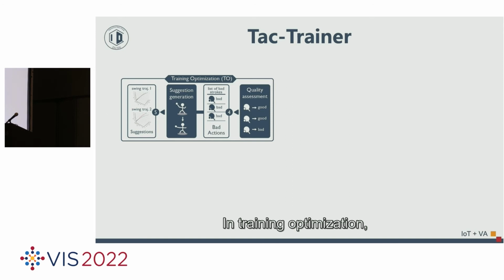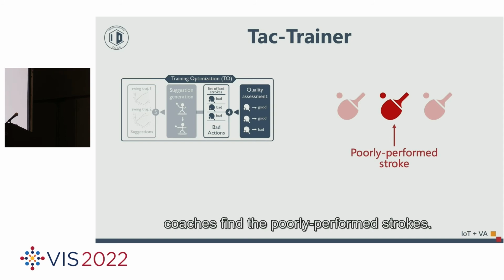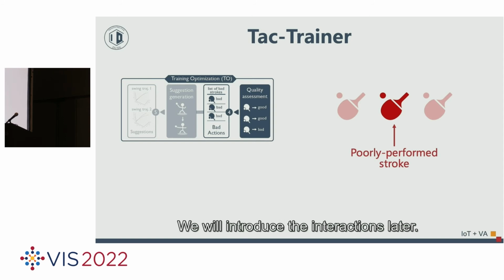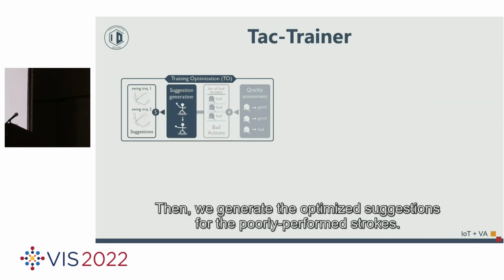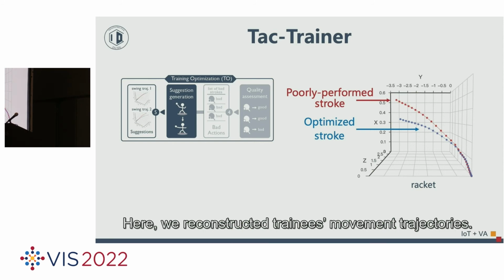In training optimization, we first provide interactive methods to help coaches find the poorly performed strokes. We will introduce the interactions later. Then we generate the optimized suggestions for the poorly performed strokes. Here, we reconstructed trainees' movement trajectories.